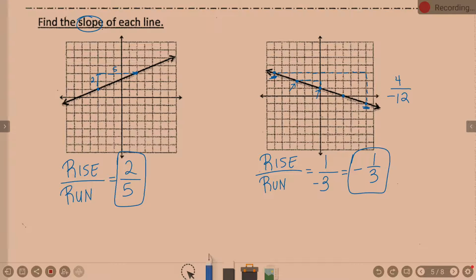What's 4 over -12? -4. Well, reduce: 4 and 12 can both divide by 4, and it's -1/3 also. You could have got -3/9. You could have got -2/6. Oh, we got 2 more to practice slope on? Okay.